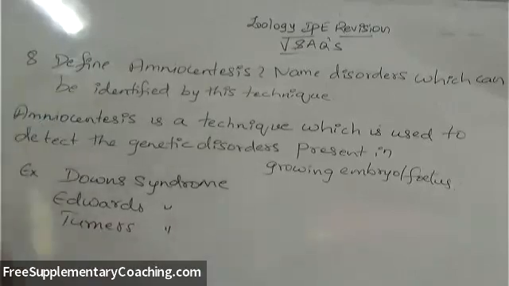These are some of the genetic defects present generally in humans from before the birth itself. So like this, amniocentesis is a technique which is used to detect the genetic disorders present in the growing embryo or fetus. Examples are Down syndrome, Edwards syndrome, and Turner syndrome.